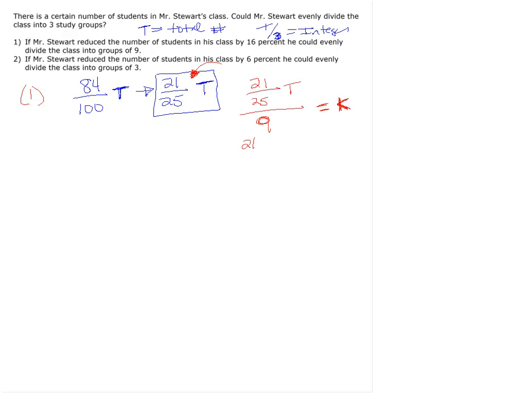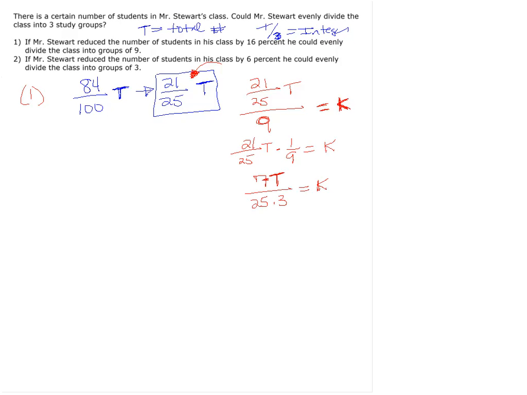Okay, no big deal. So let's flip and multiply. So that's times 1/9 is equal to k. Remember, when you divide by a fraction, you're going to flip and multiply the fraction. And after you do the reduction, what this tells us is that 7 times t divided by 25 times 3 is equal to k.